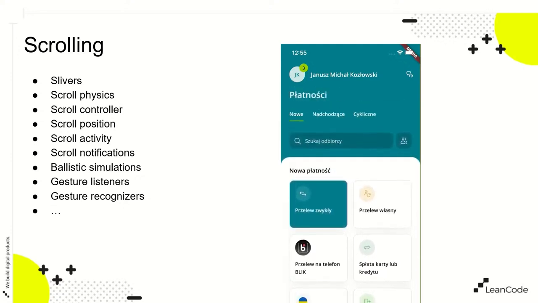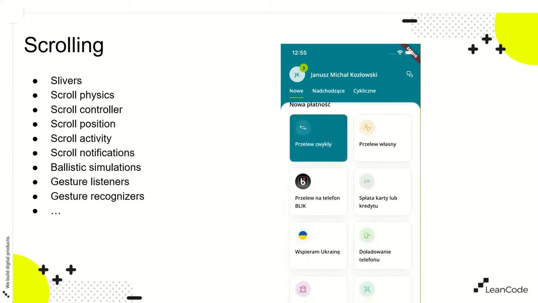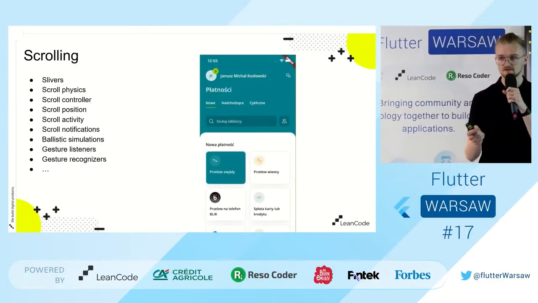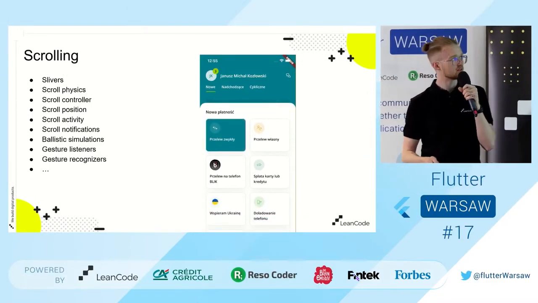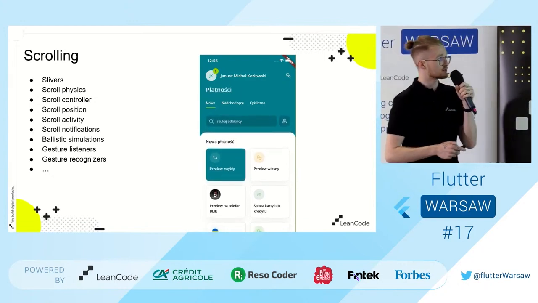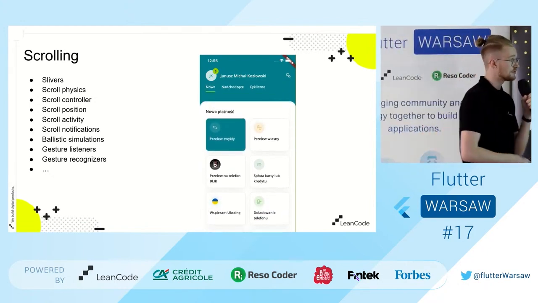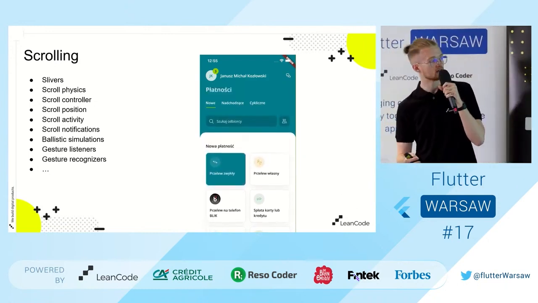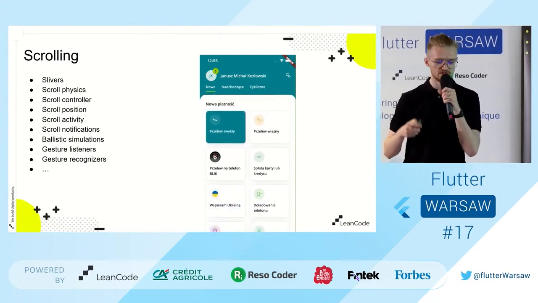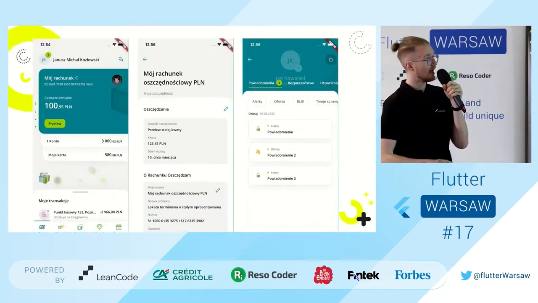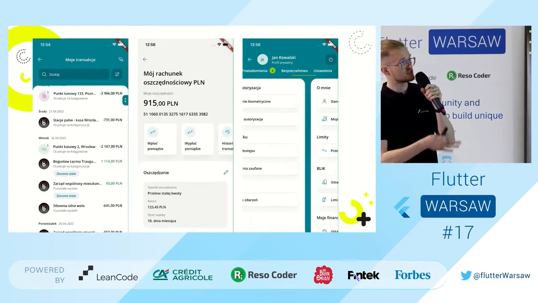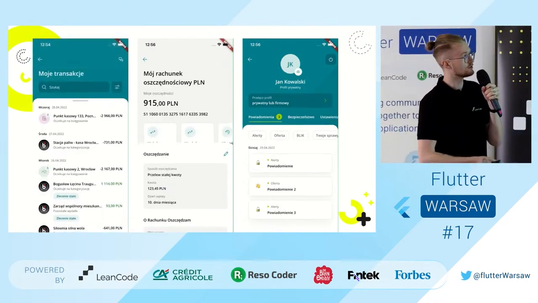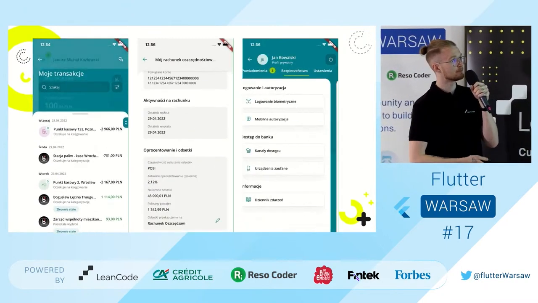Also carousels had something to do with scrolling, because of those fancy physics, etc. And touching the sliver protocols, scroll physics, controllers, positions, everything, and the gestures and the parameters that we got from their callbacks, was really insightful. And this enabled us to create such beautiful translations with the help of the design team, of course, who came up with how it should look.